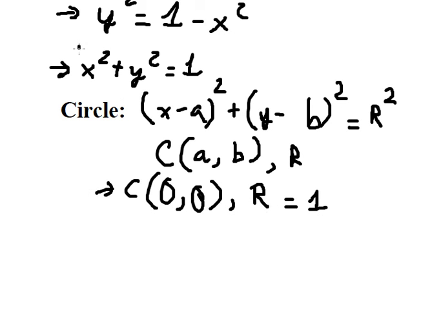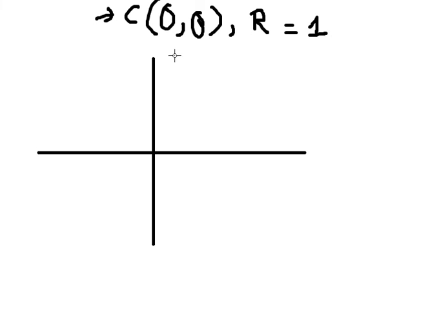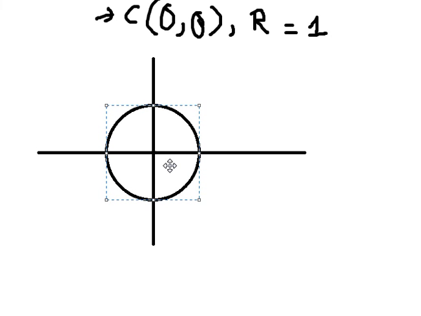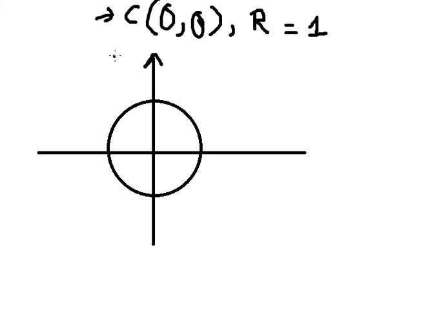Now we need to draw this one. So this one we have number 1. This one we have number 1. This one we have negative number 1. This one we have negative number 1.